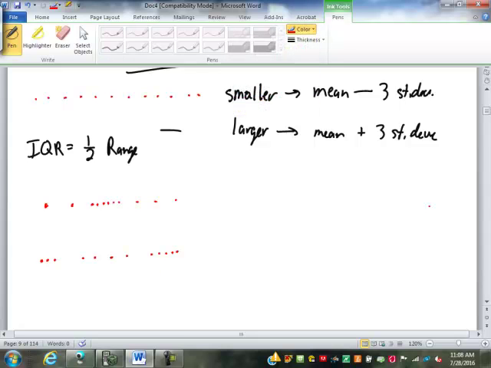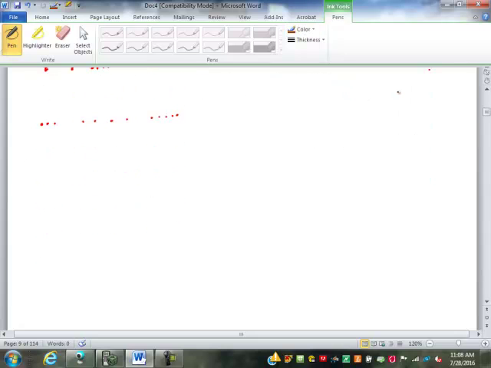Like I said, I don't expect you to do that analysis, but what I want to do is this. I want to match you to this. Let's say I have a range of 18 and an interquartile range of 6. That's one set of data.